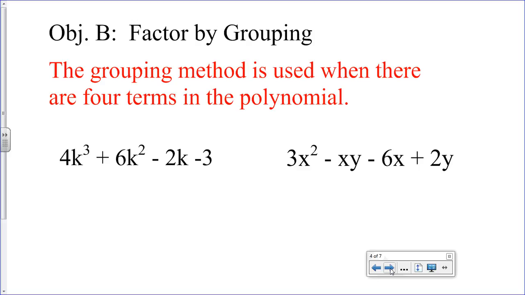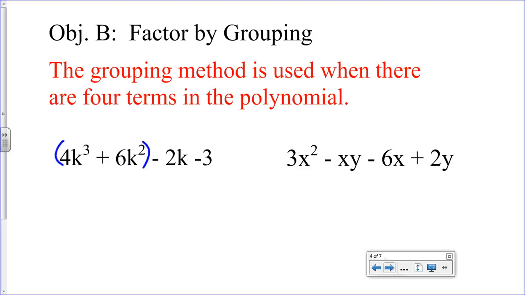If you learned to factor trinomials by split the middle, this is kind of similar to that. This will remind you of that. Okay, well what I want to do is I want to group them. That's why it's called factor by grouping. So I'm just going to put parentheses around the first 2 terms and the second 2 terms.